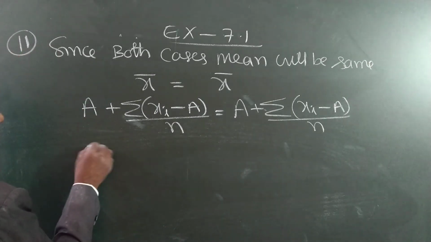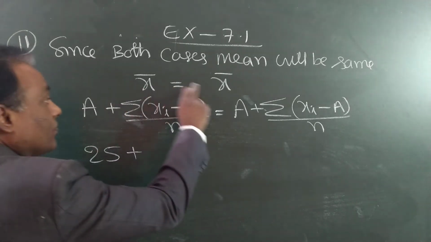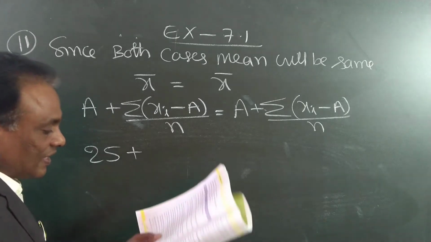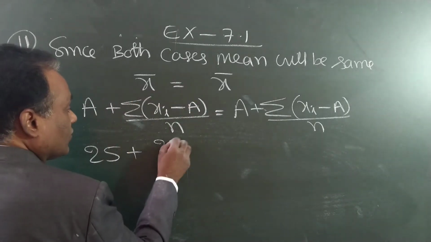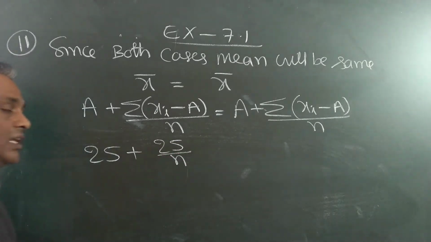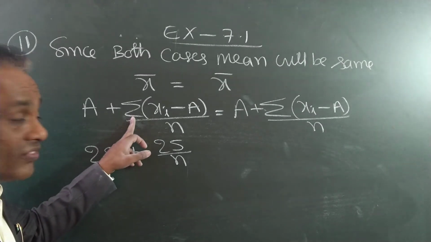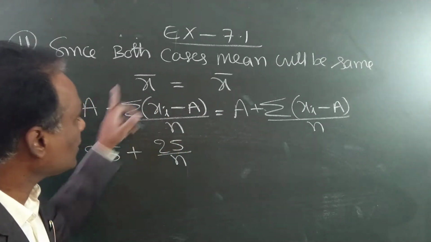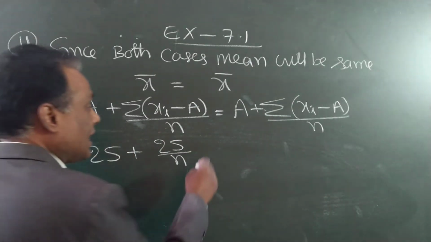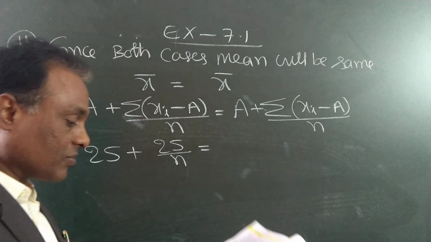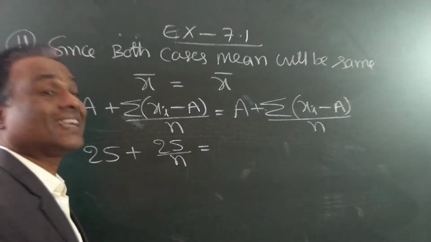First time the assumed mean is taken as 25, and the sum of the deviations is already calculated. It is 25. Sigma of all these deviations is 25, directly given. N is not given.